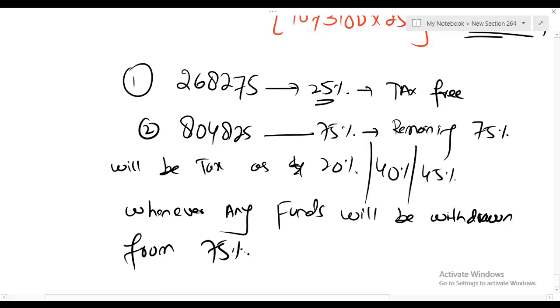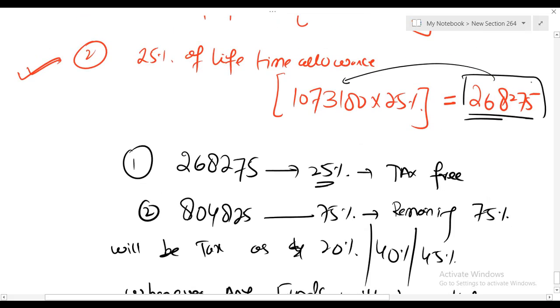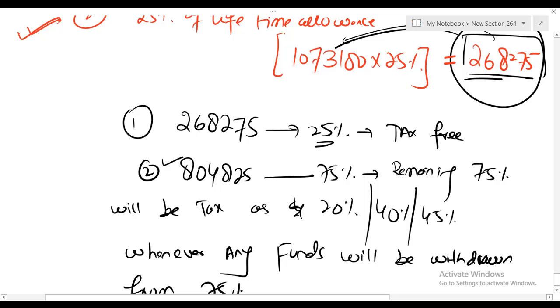Let me repeat. How did I get 804,825? I deducted this 25% from the lifetime allowance, so I got this amount. So when this individual is going to withdraw the remaining 75%, he has to pay either 20, 40 or 45% tax. And it is not going to be like he takes the remaining 75% at once. On an as-and-when required basis, he's going to take amounts slowly and gradually from the remaining 75%. So this individual will have to pay tax.